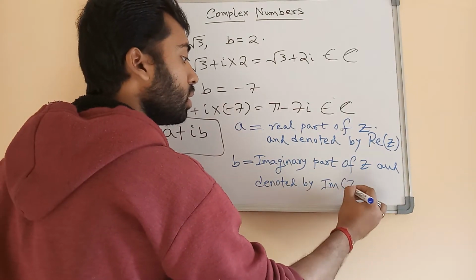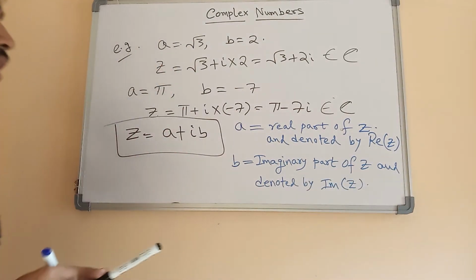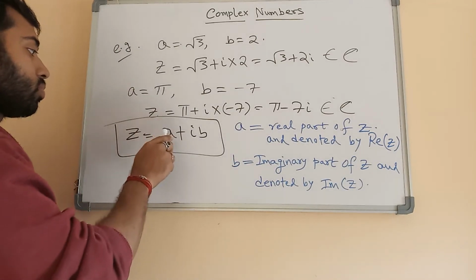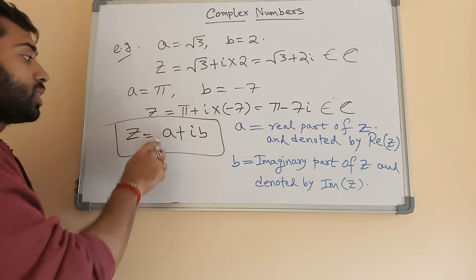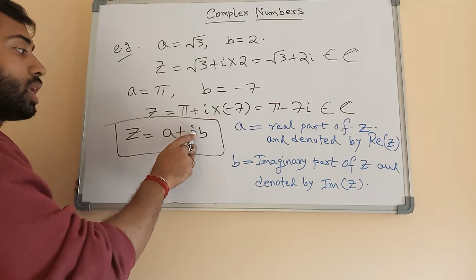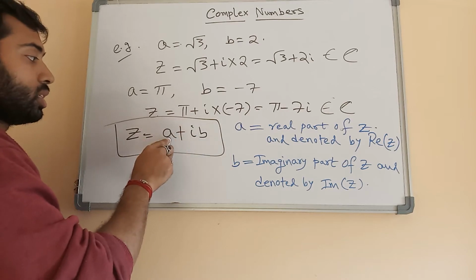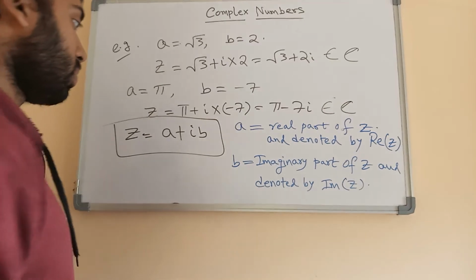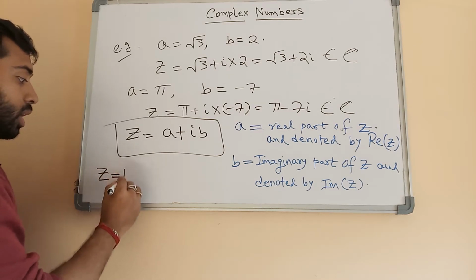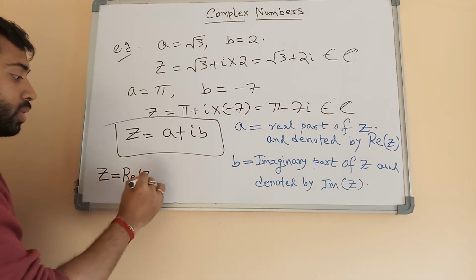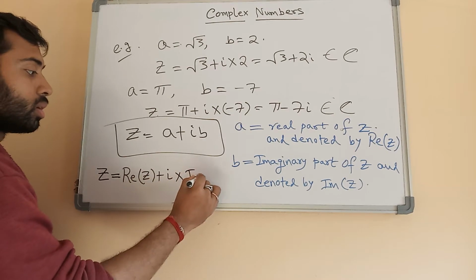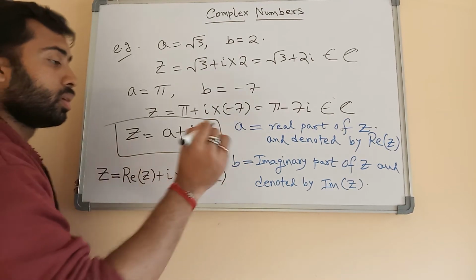So why is it the real part and why is it the imaginary part? Because in case of a, there is no imaginary unit, and in case of b, b is multiplied with the imaginary unit. So this is called the real part, this is called the imaginary part. So any complex number z can be written as real part of z plus i into imaginary part of z.